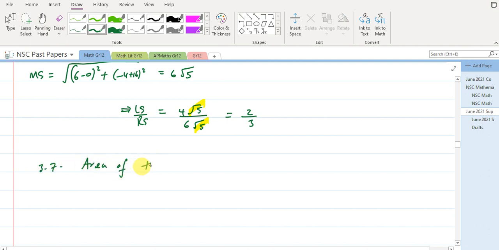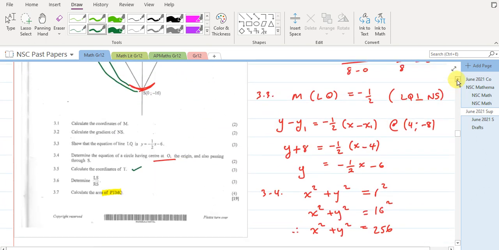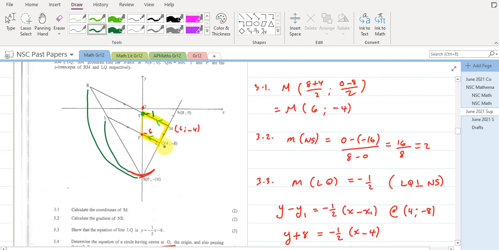Area of trapezium is half sum of parallel sides times perpendicular height. Now let's see. The sum of parallel sides will be PQ and TM. So in other words, we need to find PQ and TM.